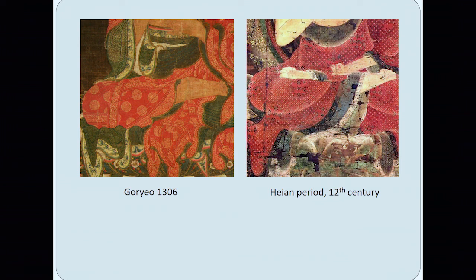The Japanese Buddhist paintings use various colors and shading techniques, and we've already noted that you don't see that same kind of shading of color in Goryeo Buddhist paintings.